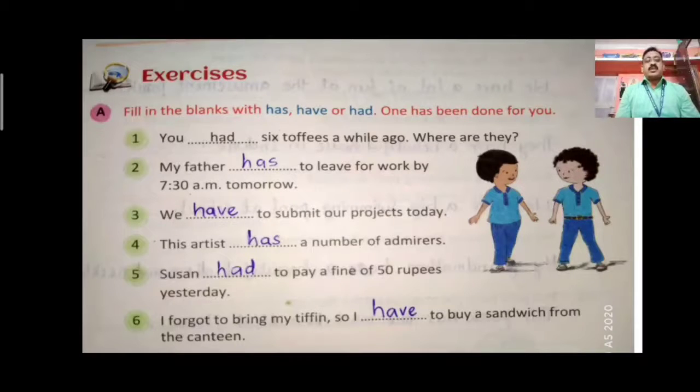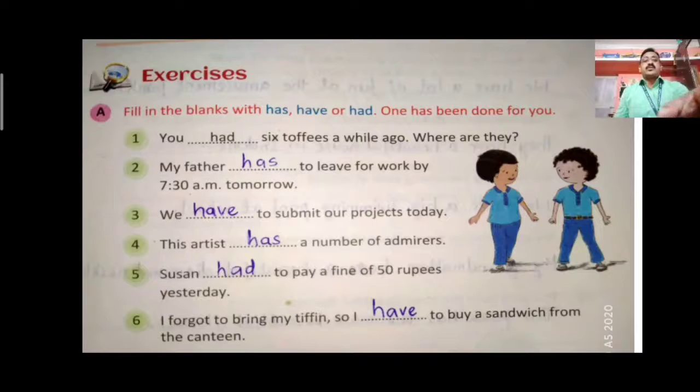As I told you before, when you see the subject of the sentence in plural form, you use have, or singular form, has. But in both cases you can use had when we find the verb is in past form.